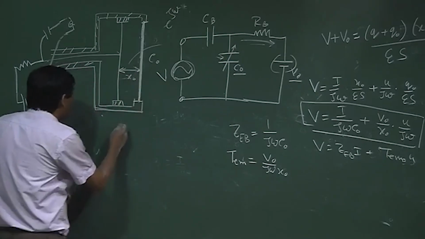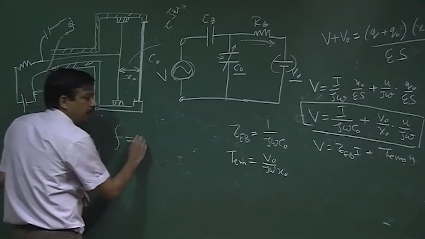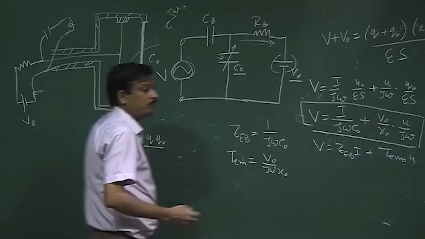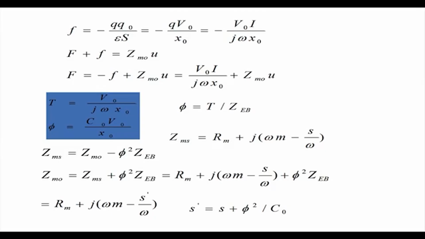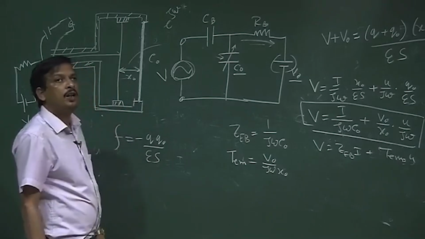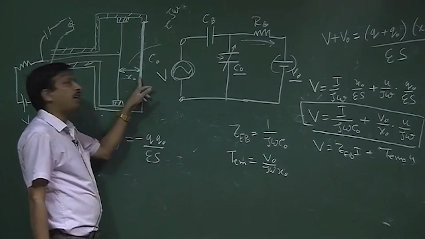So, what is that force? Force F is nothing but minus Q into Q0 divided by epsilon into S. This is the force acting on the diaphragm.